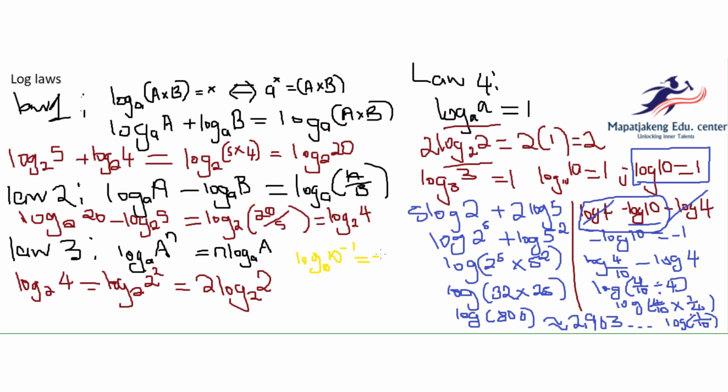Then you're going to be left with negative log 10 to 10. I'm not supposed to write this 10, I'm just writing it for your argument's sake to show you that the whole log becomes 1, and then it's going to be negative 1. So you see this is negative 1, still here it's negative 1.